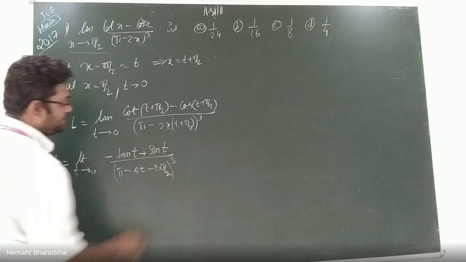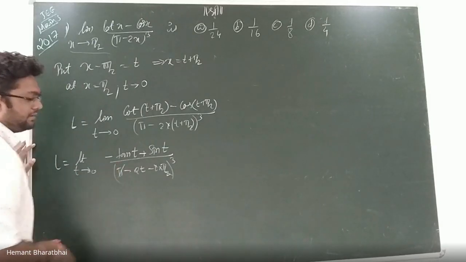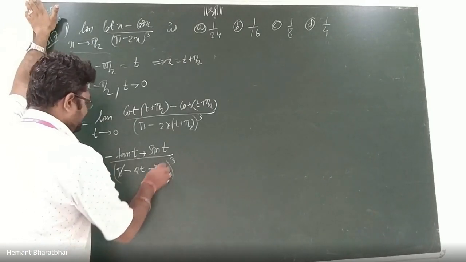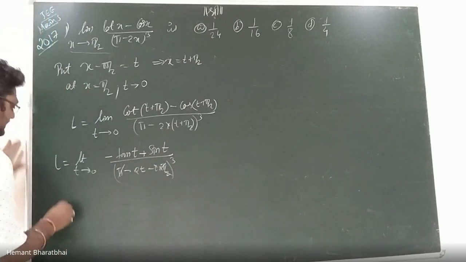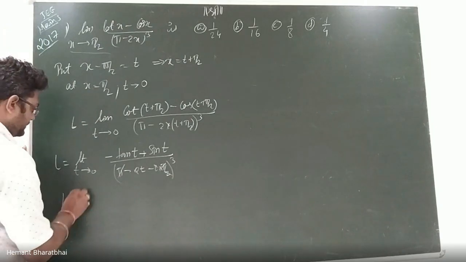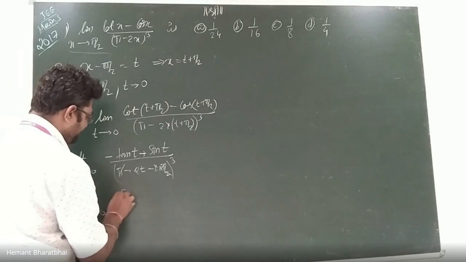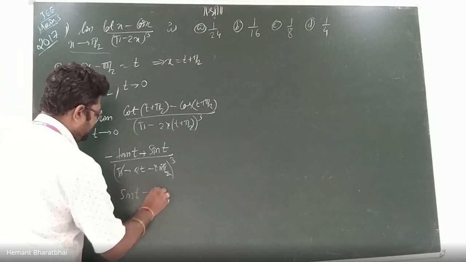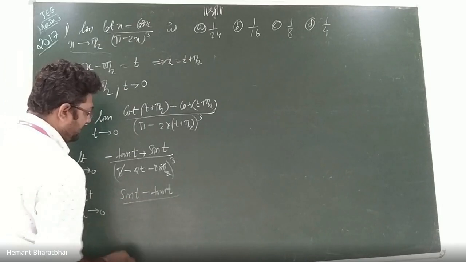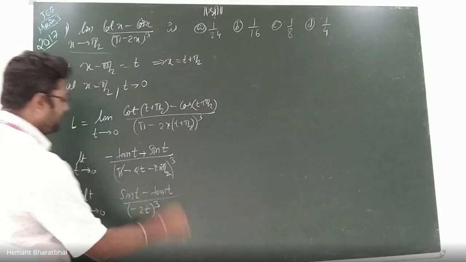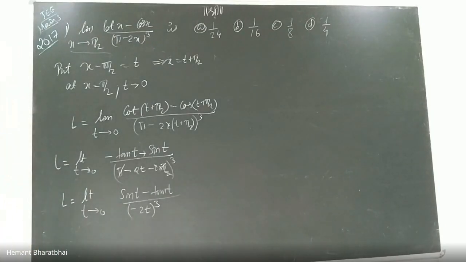So this 2 gets cancelled, and this plus pi and minus pi will get cancelled, so I'll get L is equal to limit of t tends to 0, (sine of t minus tan of t) upon (minus 2t) the whole cube. Okay, till here it's fine.